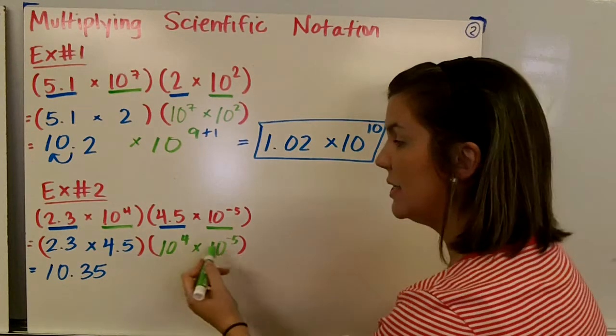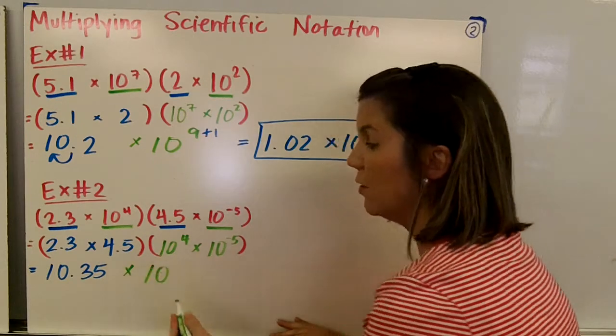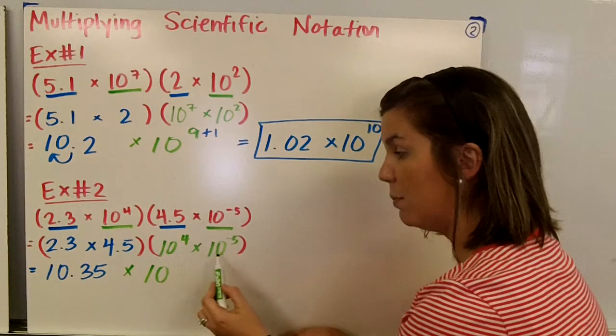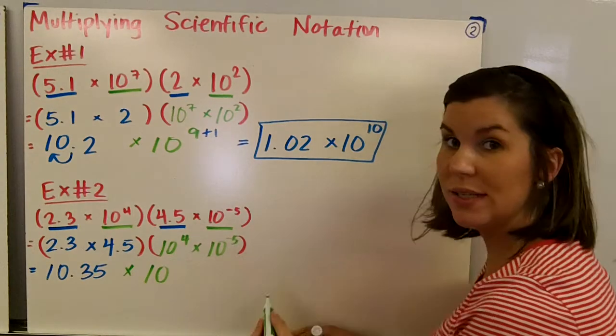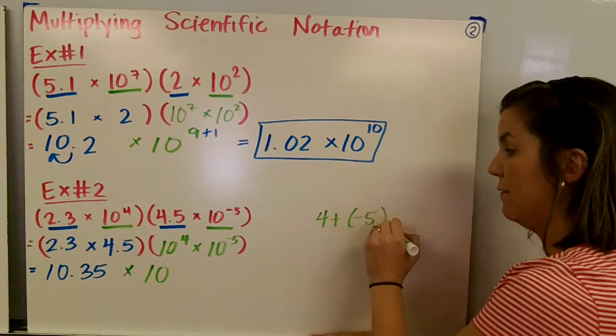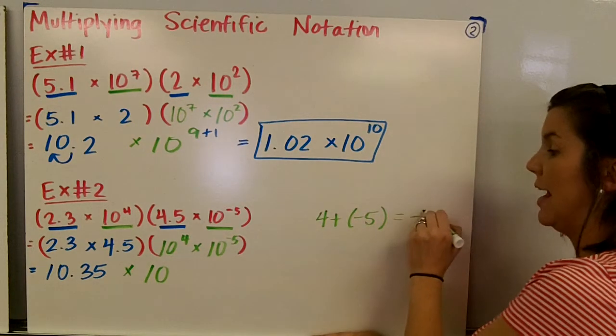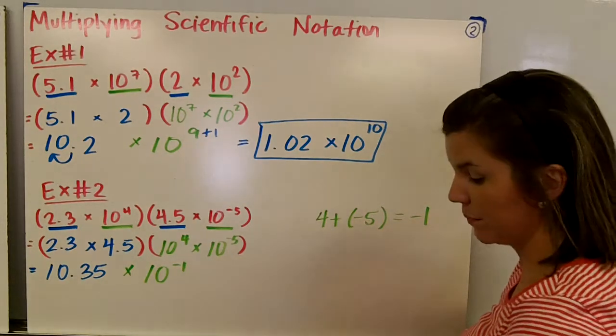And we can multiply 10 to the 4th times 10 to the negative 5th. Again, when multiplying like bases, keep the base 10 and add the exponents. 4 plus negative 5. Type it on your calculator. 4 plus negative 5. You should get negative 1. So our exponent is now negative 1.